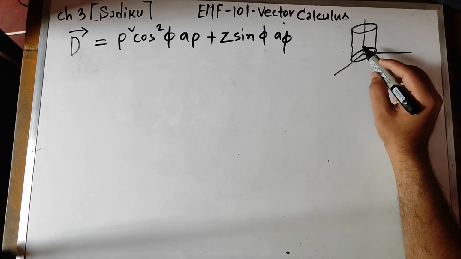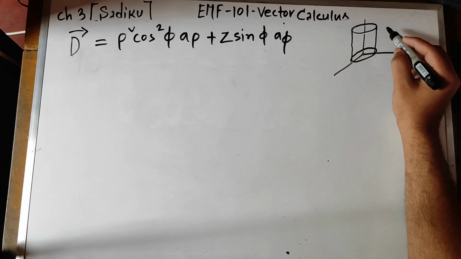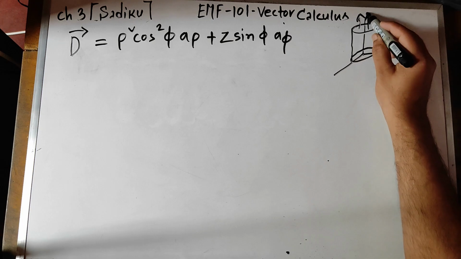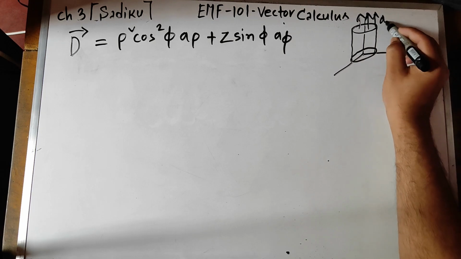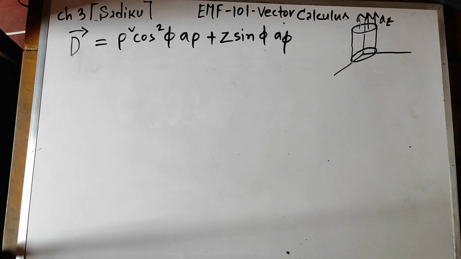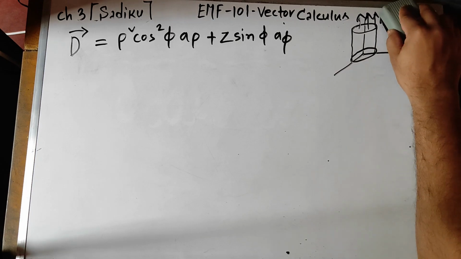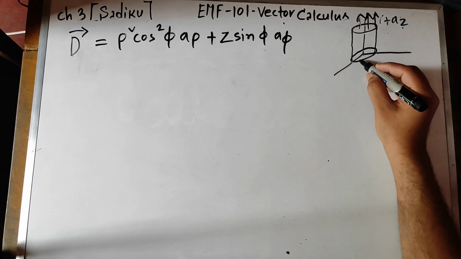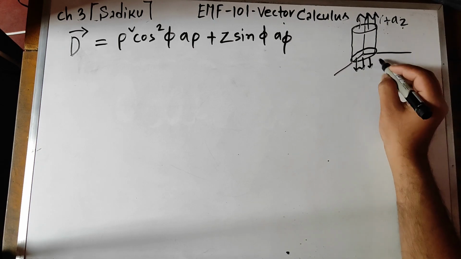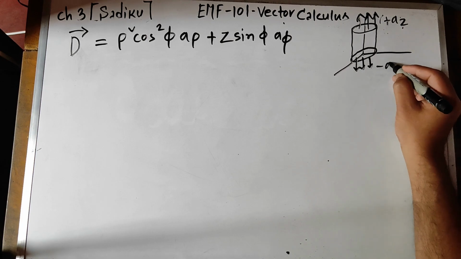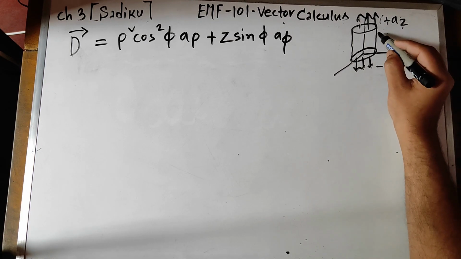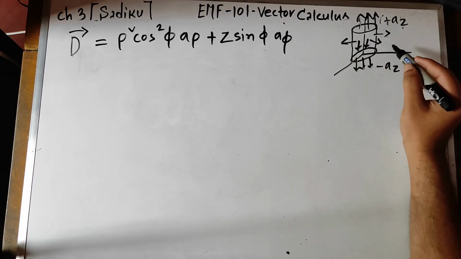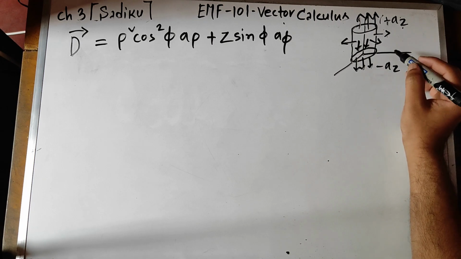The flux from the cylindrical surface can come out from the upper side, which is in the positive az direction. The flux can come out from the bottom of the cylinder, which is the minus az direction, and from the sides.